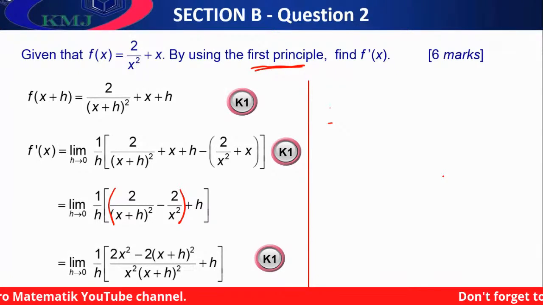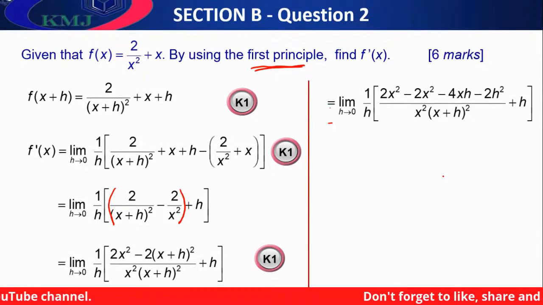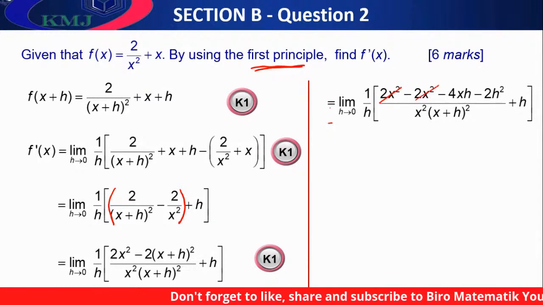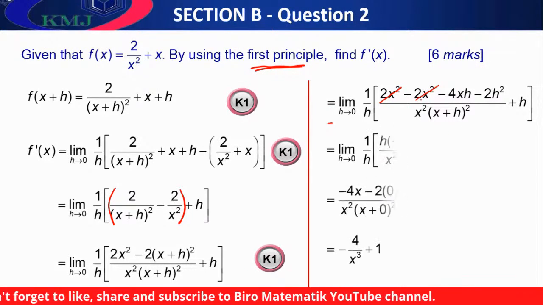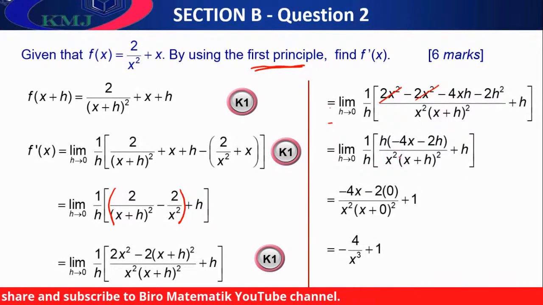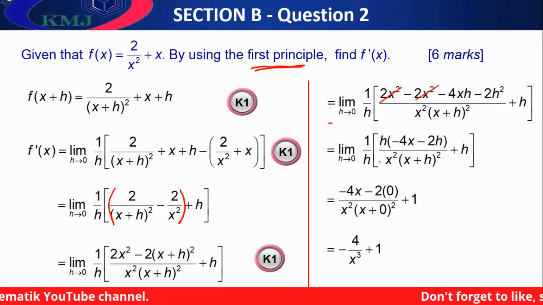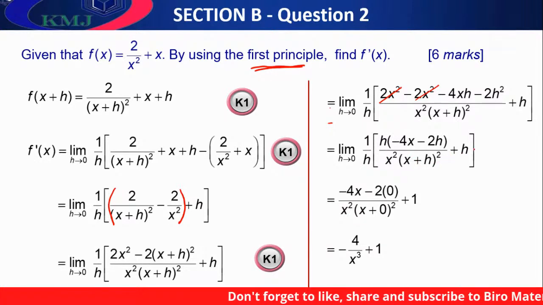Simplify this. So 2x squared minus 2x squared is 0. Then we get h multiplied by negative 4x minus 2h divided by x squared times (x plus h) squared plus h.